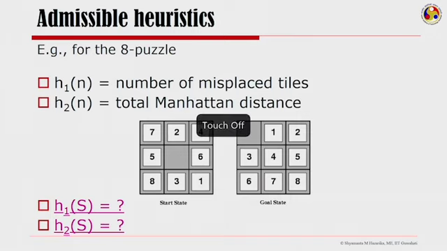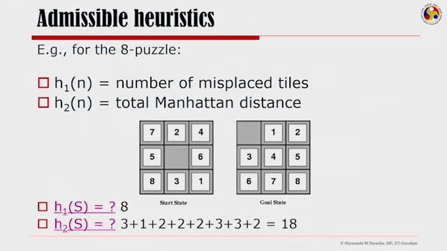So we have now two heuristics: one, the number of misplaced tiles, and two, the total Manhattan distance. Let us try to calculate each of them. Calculating each of them has been explained previously, but let us try to get that clear here. For the first heuristic, I count how many tiles are misplaced.